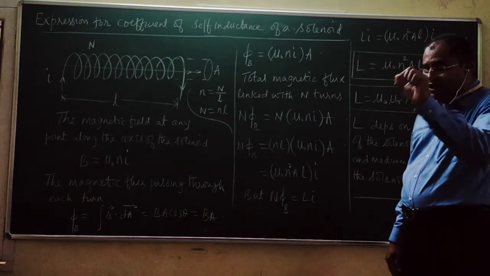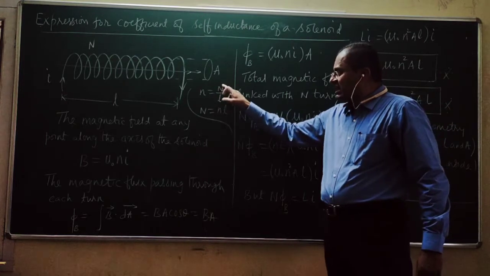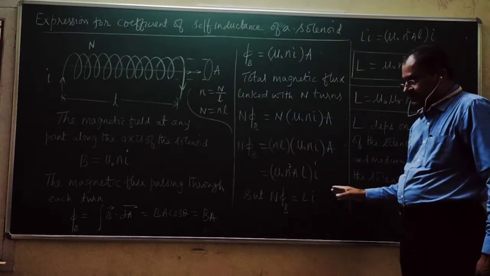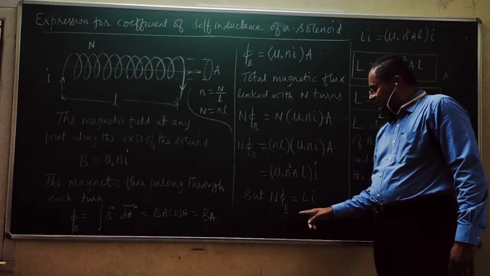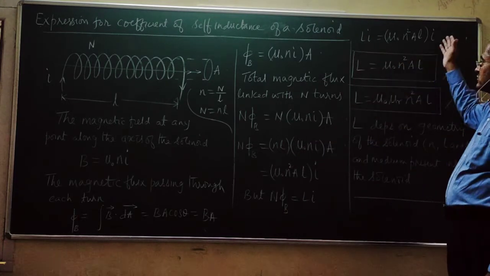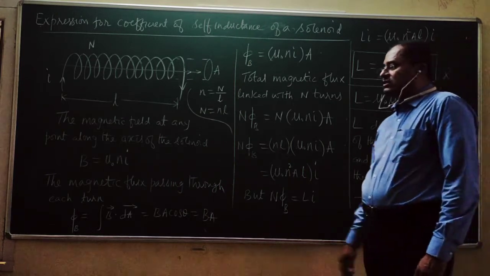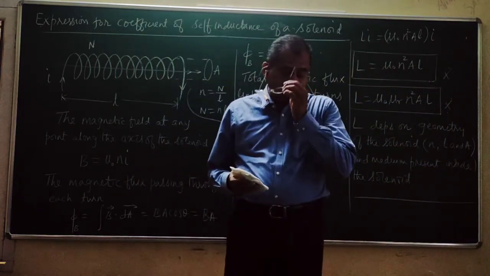Since I use small n, number of turns per unit length, the total number of turns capital N is nL. I substitute it and multiply. Previously I told you N phi B is equal to L I. So in the place of N phi B, L I, I goes off to get this. This is the expression for the coefficient of self-inductance of a given coil.